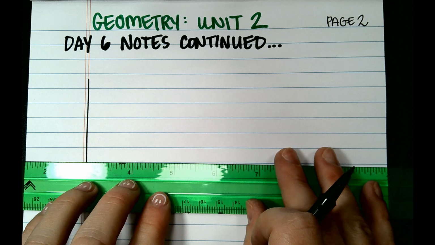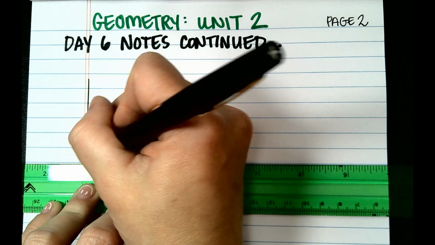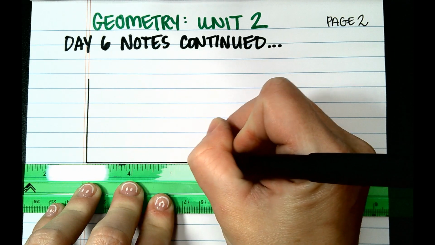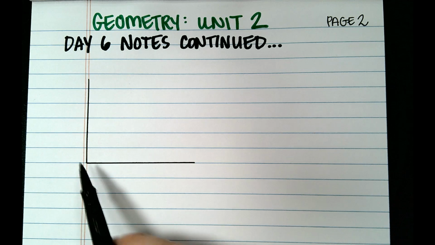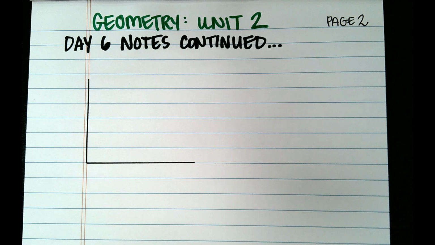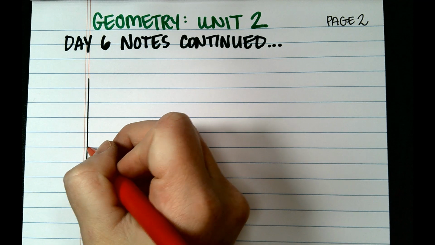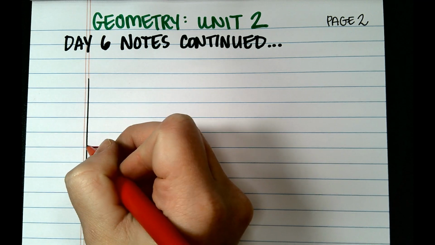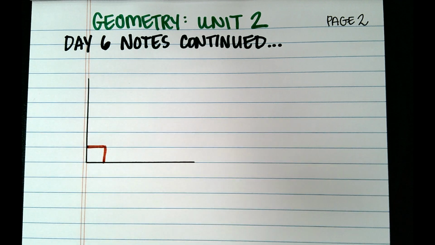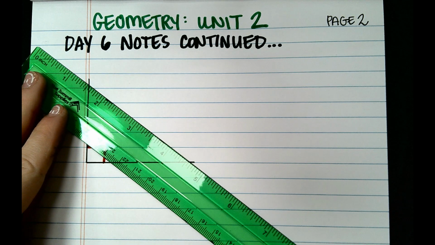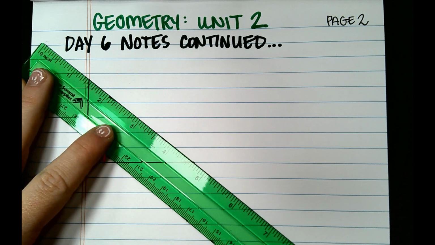Make a second line here. And anytime we have a right angle, always mark the square, the box inside, so we know it's 90 degrees. Connect these two lines, so now I have a triangle.